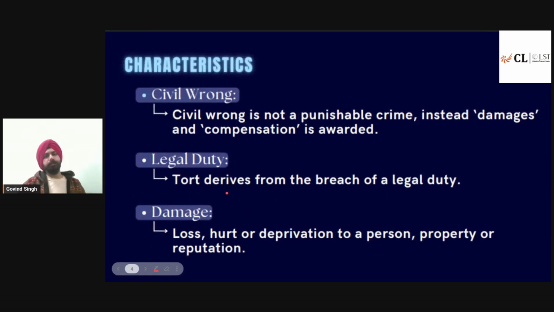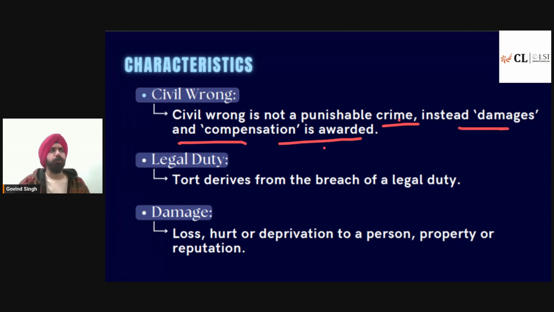Okay. So now we understand what is a civil wrong. It's not a punishable crime. Instead, damage and compensation is awarded. यानी कि अगर मान लो if someone is throwing garbage outside your house, then that would be more of a civil wrong rather than a criminal wrong, and that person would be liable to pay you compensation or pay you damages. Damages is very similar to compensation.